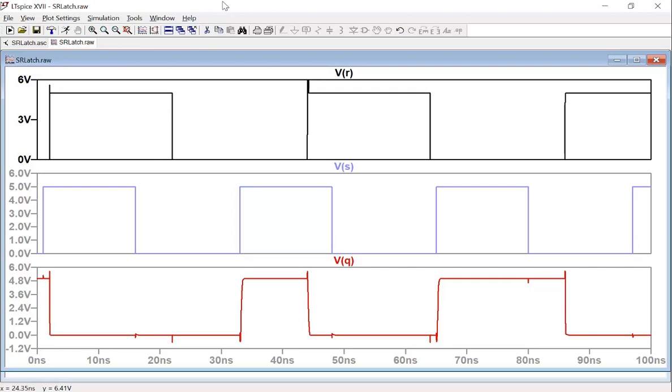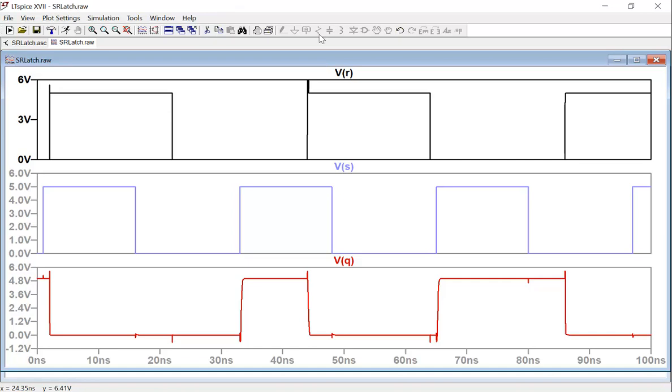Simulation results here. What's happening? What we are simulating right now is an SR latch, right? It's a NOR gate SR latch, so the memory state is 11 or 00 for the NOR gate. Is that 00? Yes. Okay.